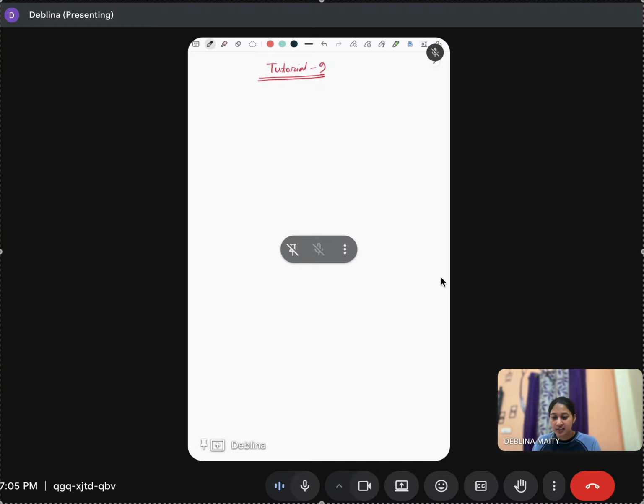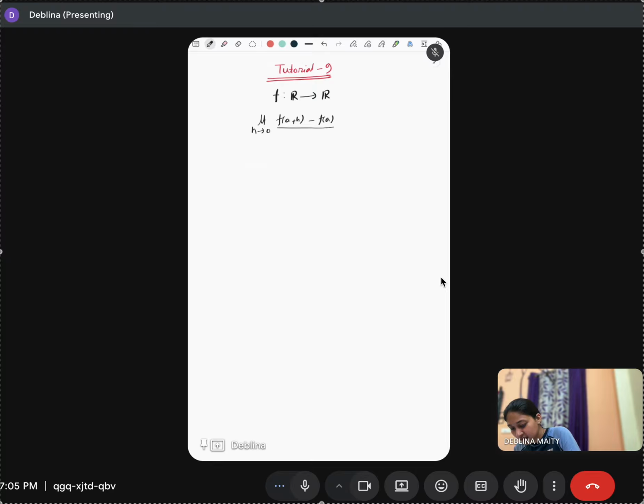Okay, so let's start this session. So for a function from R to R, the derivative is defined by the limit as h goes to 0 of f of a plus h minus f of a, by h.